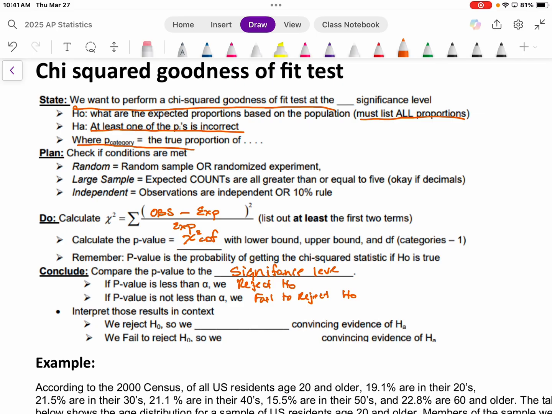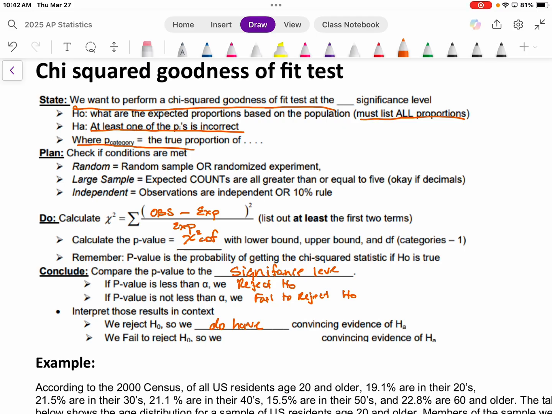As we write our conclusions, like we've been practicing for a couple chapters now, if we reject the null hypothesis, we do have convincing evidence to support the claim of the alternative hypothesis that at least one of these proportions is incorrect.